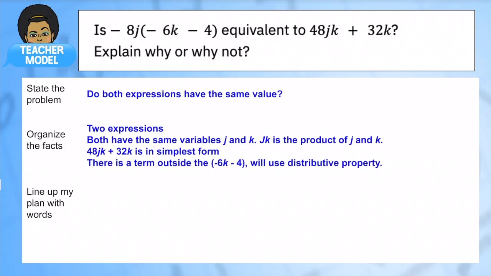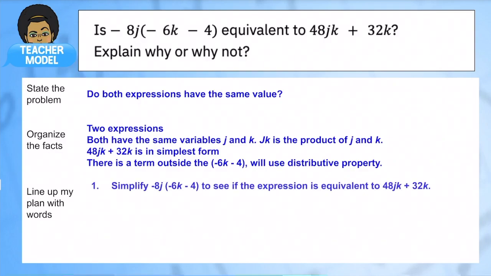And we can see we're going to distribute the negative 8j on the outside of the first expression. So here's our plan. We're going to simplify that first expression to see if it's the same as 48jk plus 32k. That means distributing the negative 8j and multiplying. You can see we're going to multiply a lot of negative times negative numbers.